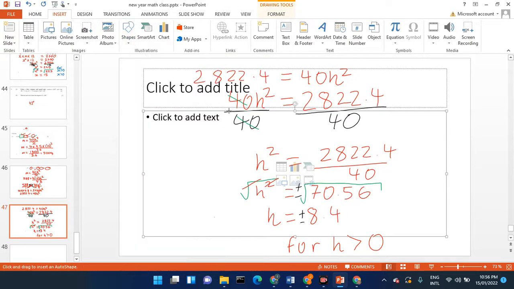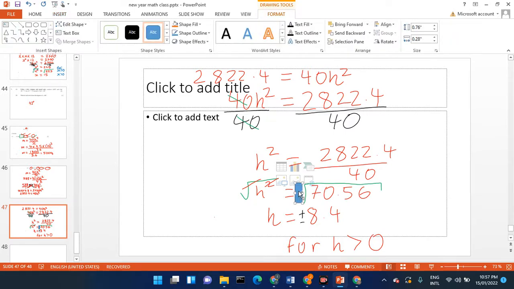Like I said, really and truly, when we take the square root of something, we are supposed to put positive or minus. But because we know that height is a positive value, we restrict our value for h to only be a positive number. If we restrict h to only be a positive number, then this equation would hold.